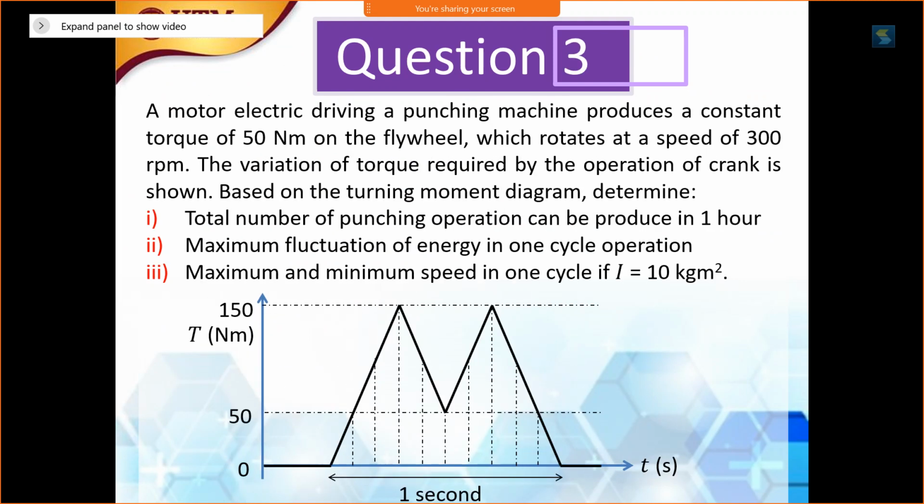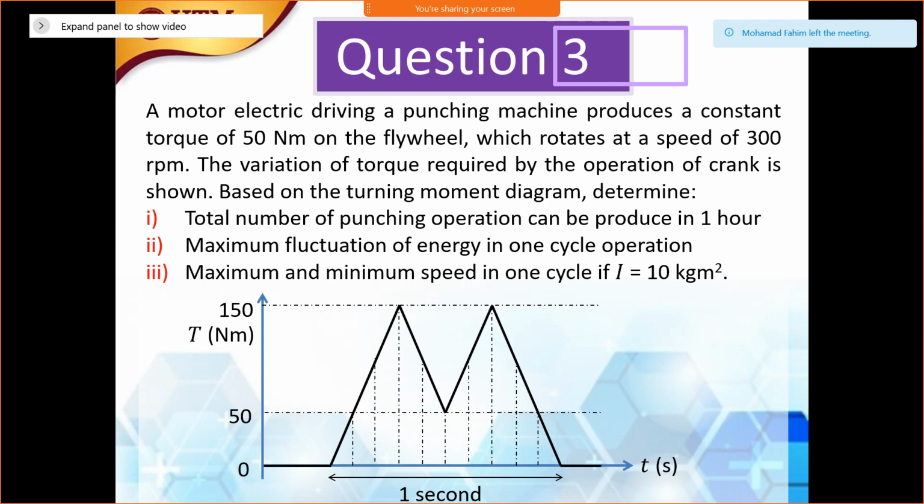Then kita cuba kita tengok this question. Alright, question number 3. Okay, a motor electric driving a punching machine produce a constant torque of 50 Newton meter on the flywheel, okay, which rotates at a speed of 300 rpm. The variation of torque required by the operation of crank is shown.